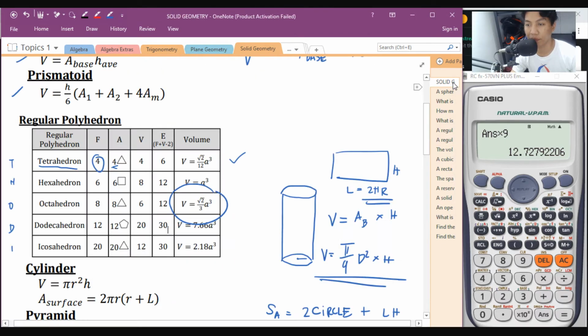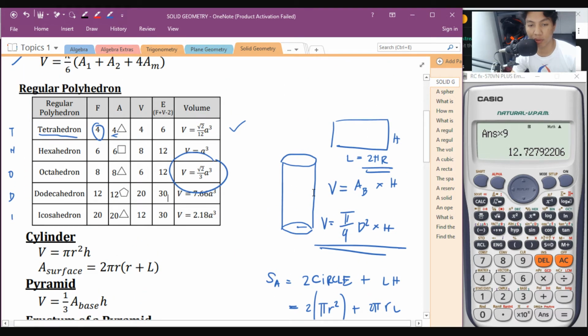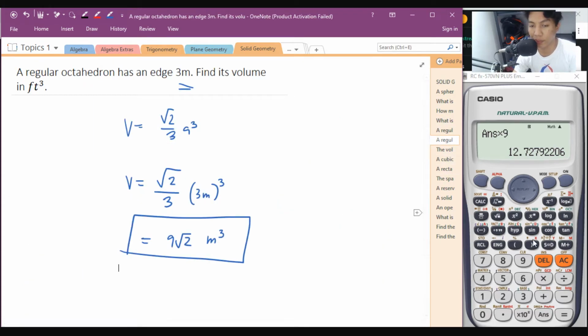Wait nga. Ayun. Square root of 2 over 3 a cube. 27. 3 cube times square root ng 2 divide by 3. Yan nga.